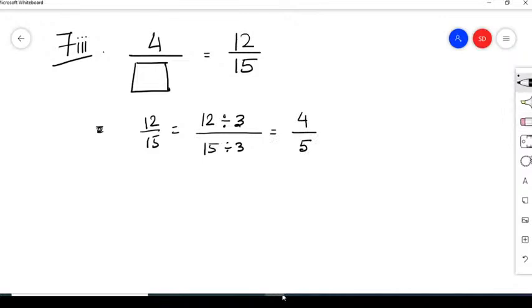Okay, so why are we doing this? To keep the fraction unchanged. So whatever operation we do here, either multiplication or division, not plus and minus. Okay, not plus and minus, only multiplication and division. To keep the fraction unchanged, we have to do it both in the numerator as well as in the denominator.